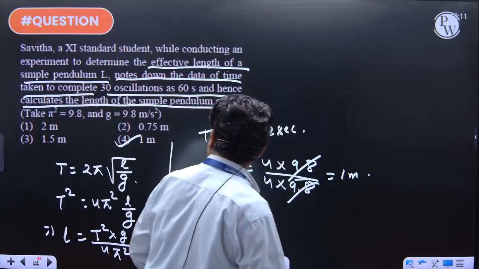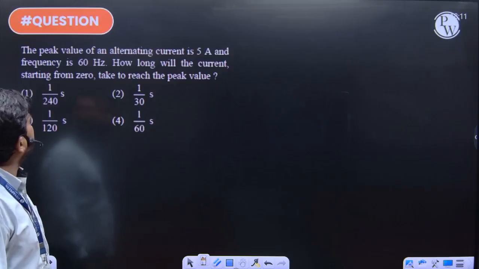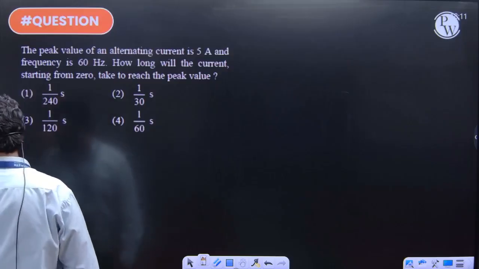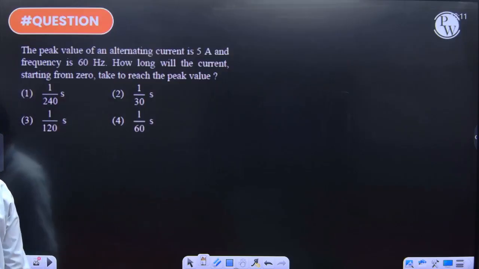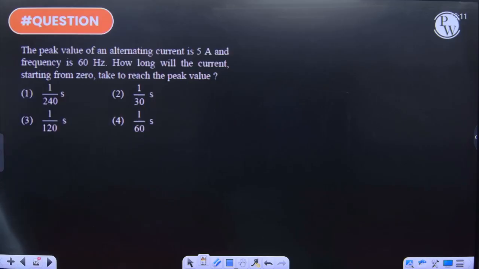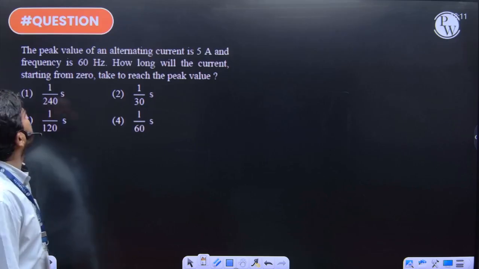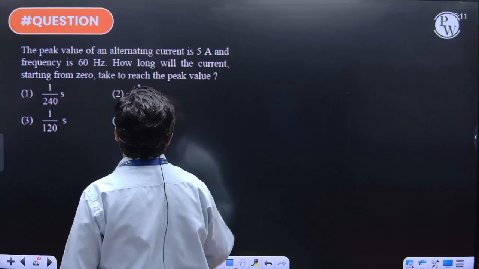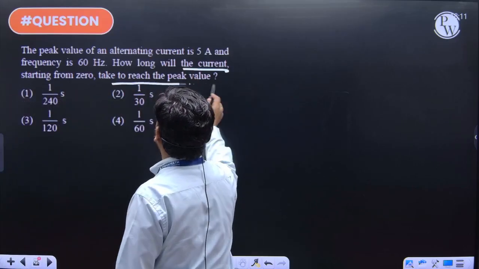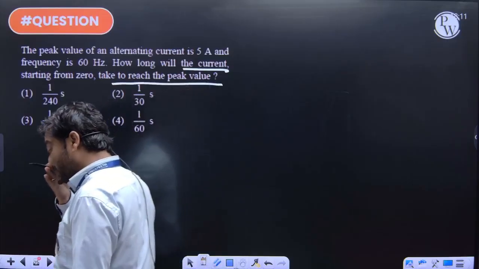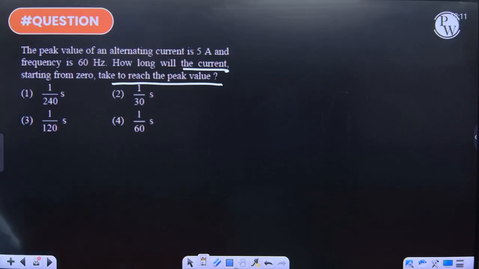Fine. Next, the peak value of an alternating current is 5 ampere. The peak value of this alternating current is 5 ampere. Now you have to find out, the frequency is given as 60 Hz. How long will the current starting from 0 take to reach the peak value?